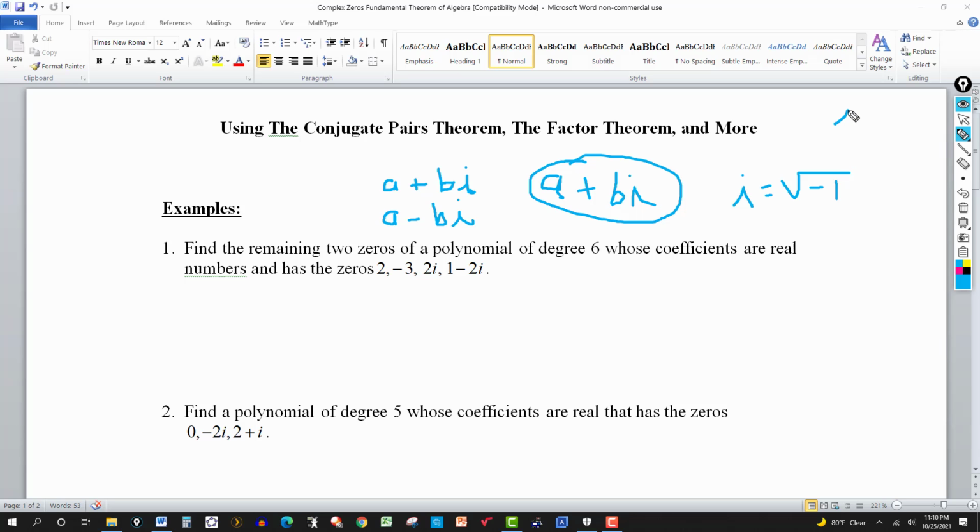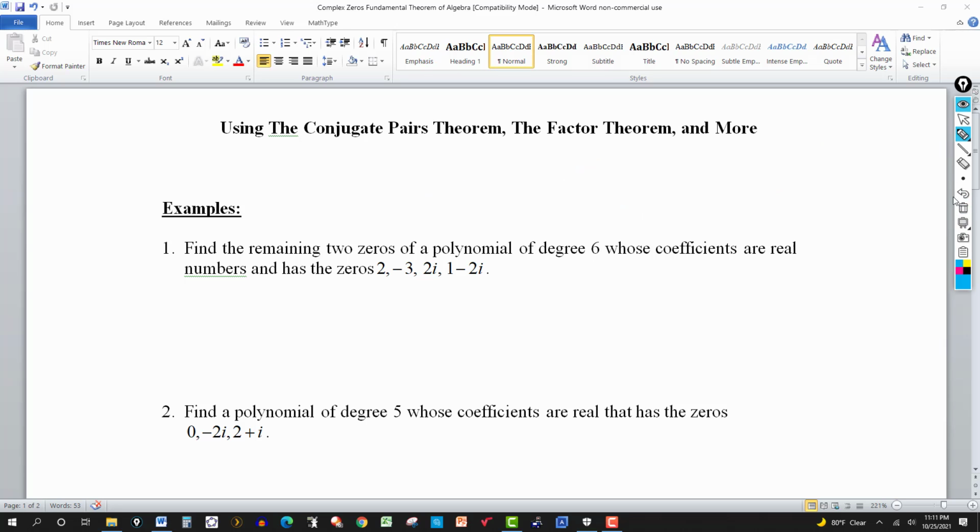So if I know that i is a zero, that's the imaginary unit, pure imaginary, then I know then minus i is also a zero. Okay, that's assuming the polynomial has real coefficients. That's the key to this statement.